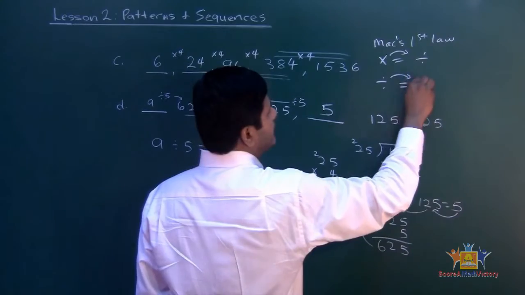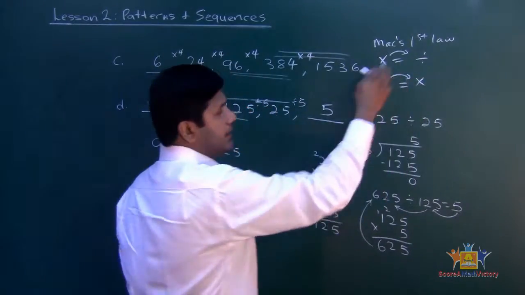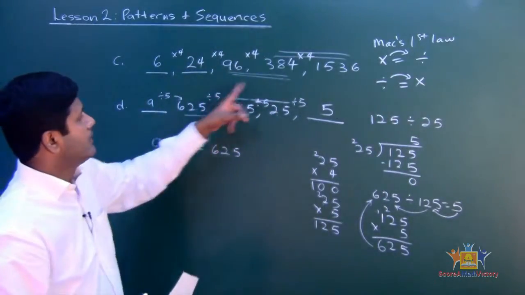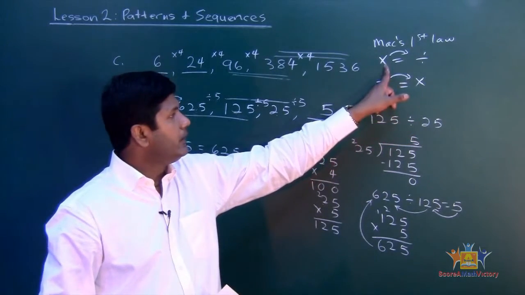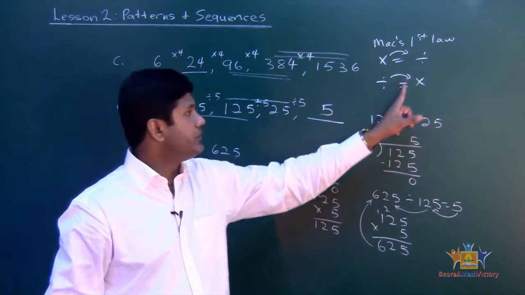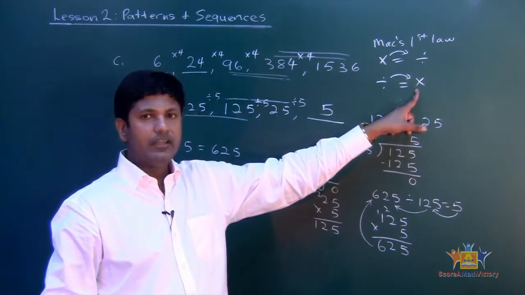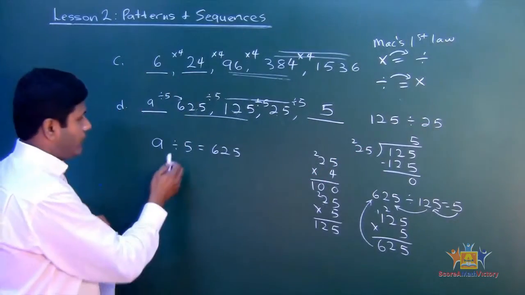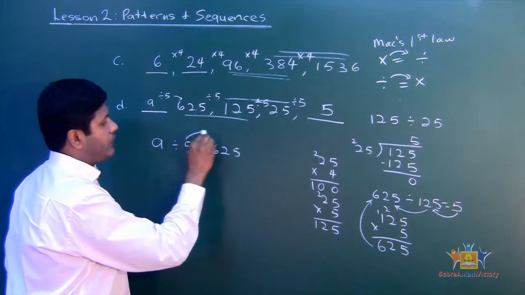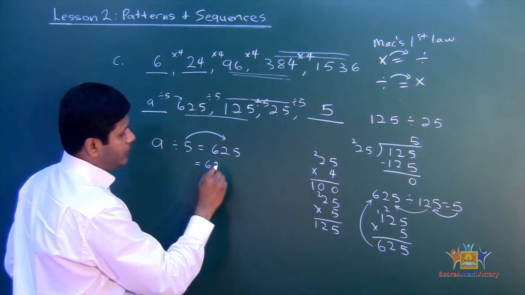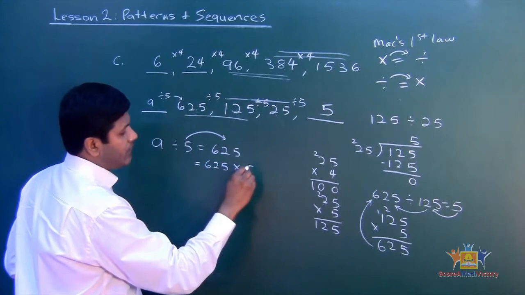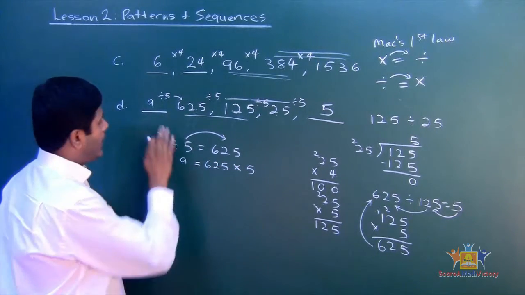Division cross the bridge becomes multiplication. Keep in mind, earlier Mr. Mac didn't show this one for the addition, but you know that. So in this case, we've got division, so we're going to bring the 5 across, and it becomes multiplication. That means 625 times 5 equals A, the unknown.